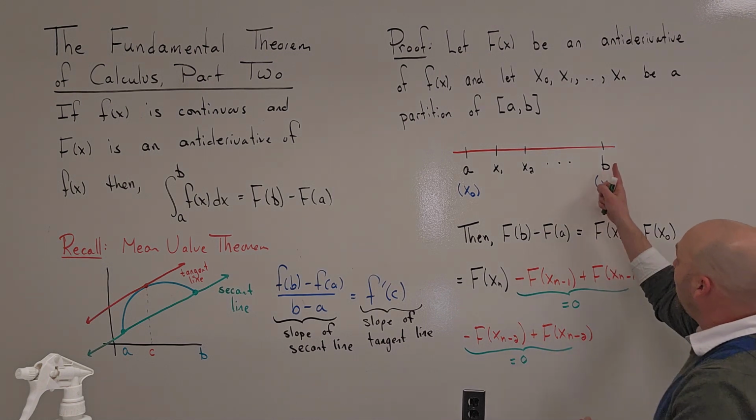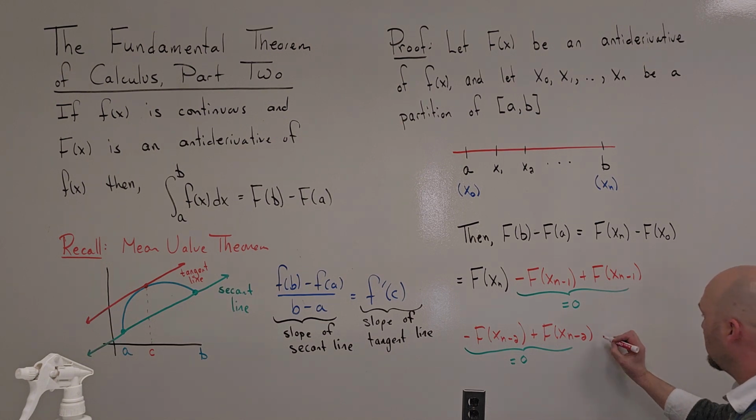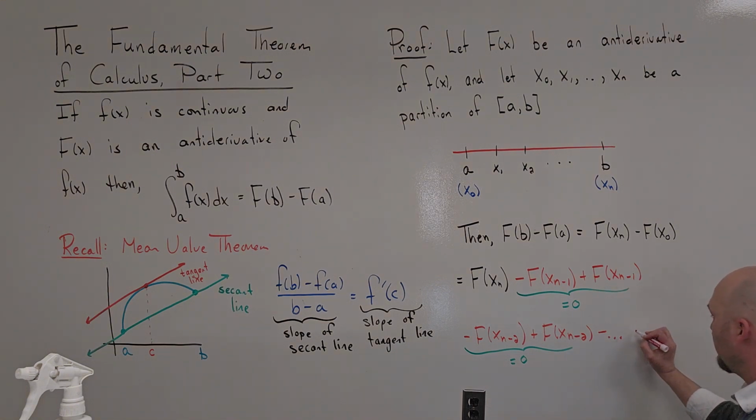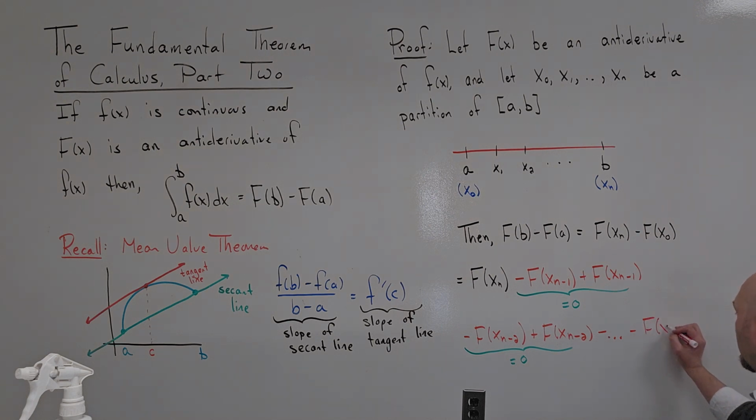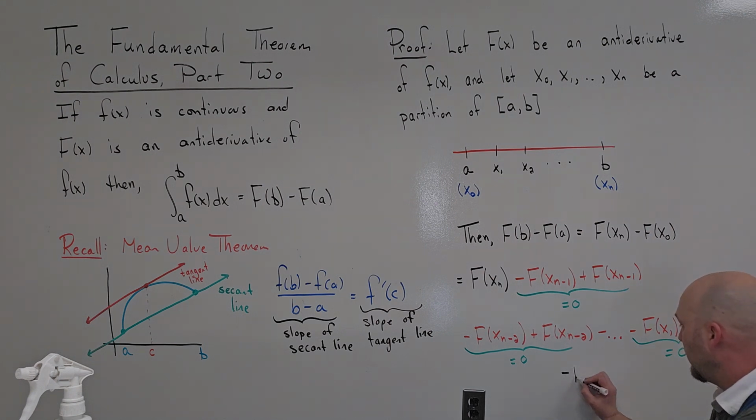And I'm going to do that all the way down to this last term here, giving me minus dot dot dot minus f of x1, plus f of x1. Finally, this is 0 as well. And then finally, I have my f of x naught, so this would be minus f of x naught.